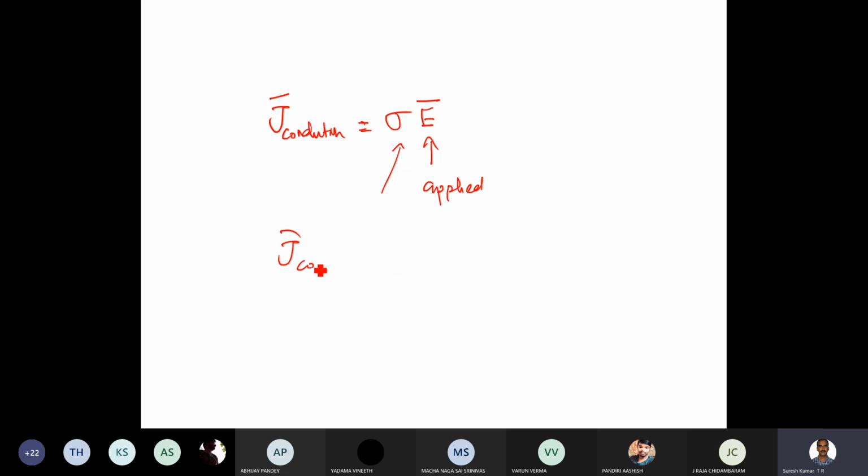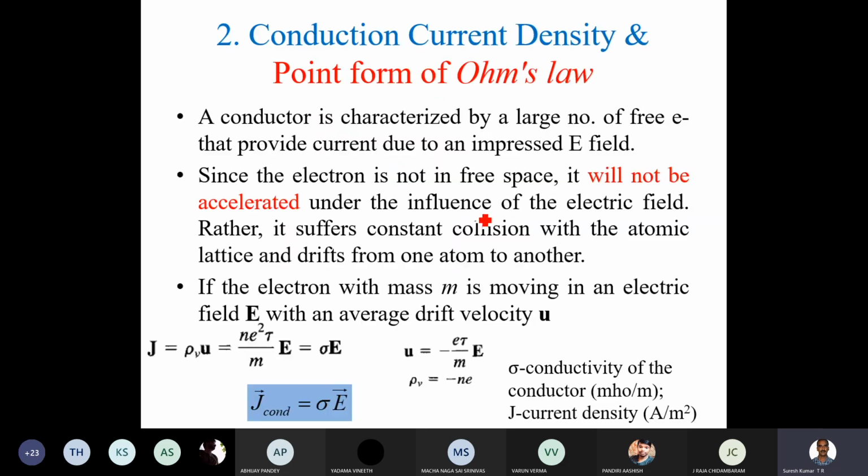In the previous case, in the convection, it is rho v into velocity. Here we assumed that the electrons are moving at some velocity. We have not included the force term, because as there is no collision, we assume it will continue at the same velocity.